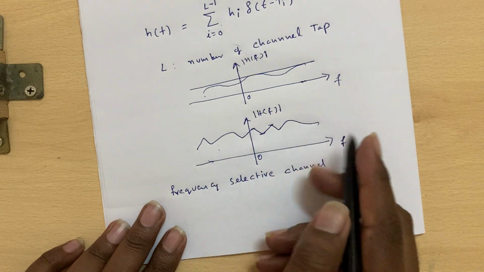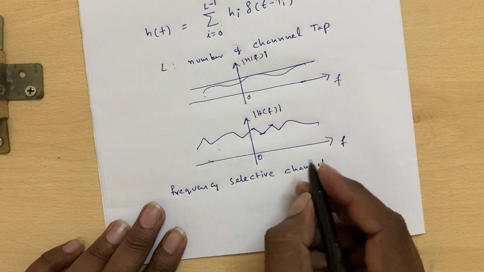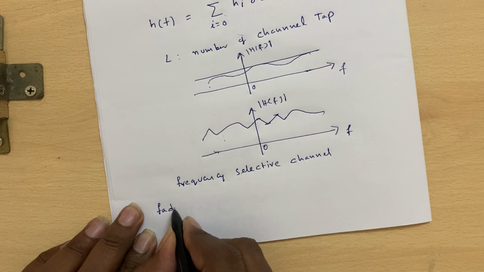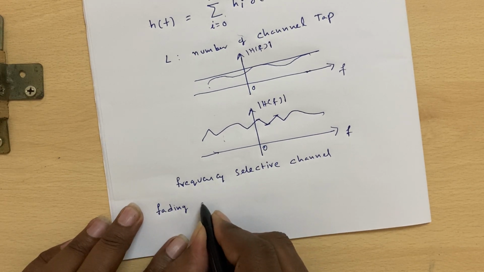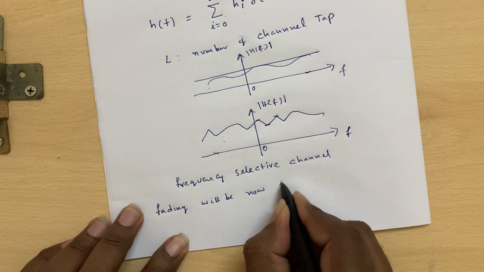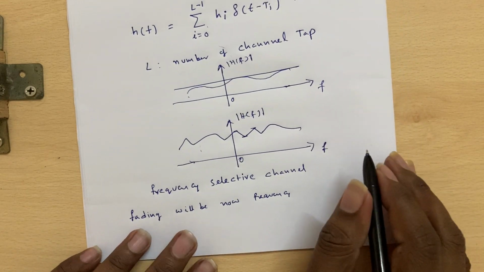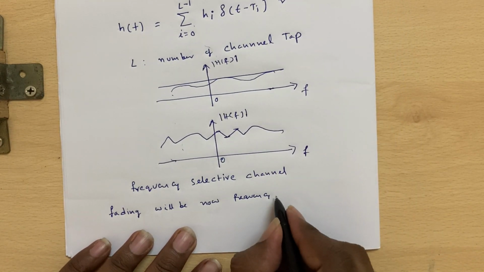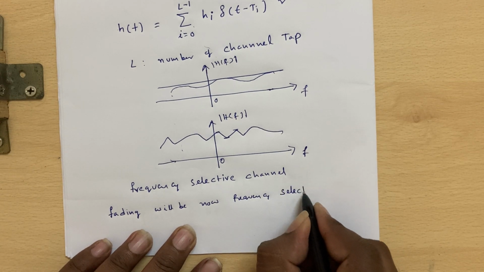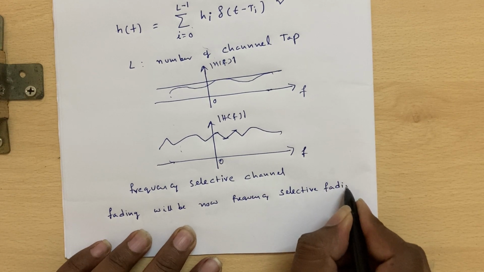So the frequency response is selective, and the fading will now be frequency selective fading, because in the impulse response we have multiple impulses. It means the frequency response is not flat.